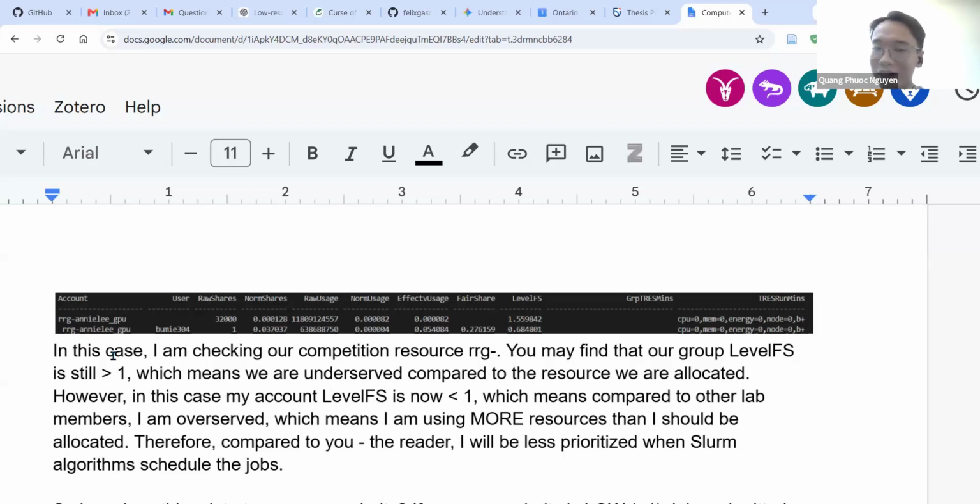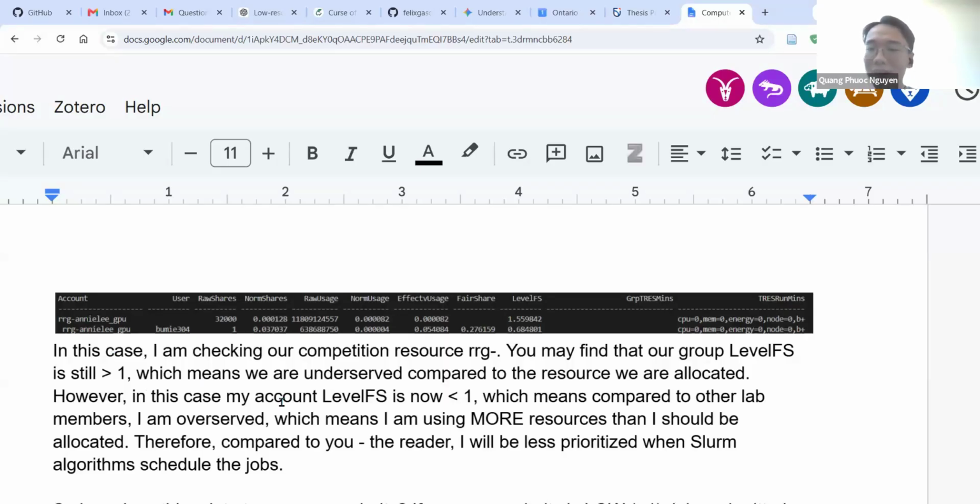However, moving to the second line, you can see that me personally, my fair share level is smaller than one, which means compared to other group members in our research group, I am using more resources than possibly you. So if we are queuing at the same time, my job will be less prioritized over yours, and therefore I will have a longer queue time than you.